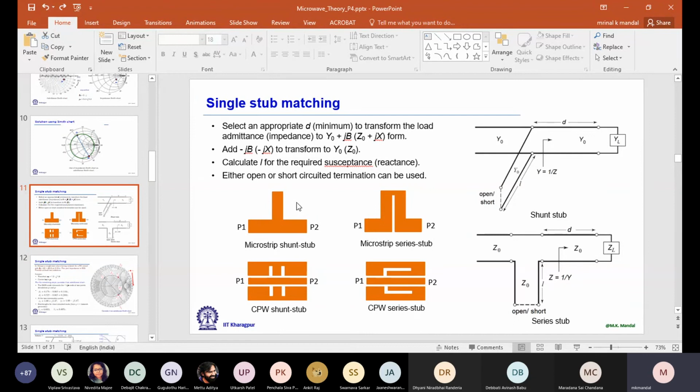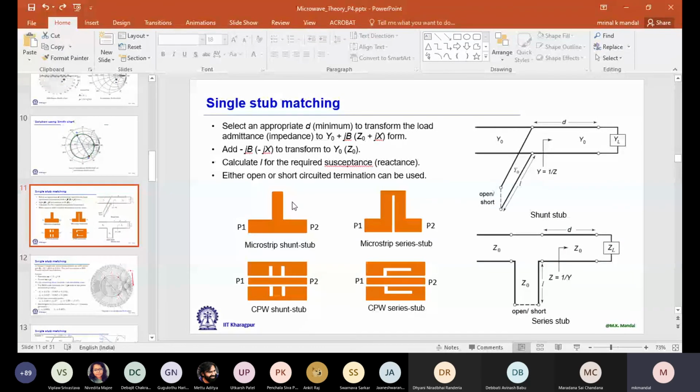If the length of this open circuited transmission line is less than lambda by 4, or the electrical length is less than 90 degrees, then at that frequency the input impedance is capacitive. If it is more than that, it is inductive. For short circuited stubs, it is just the opposite.